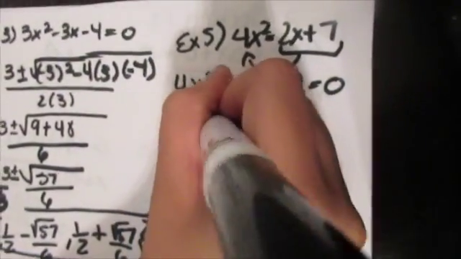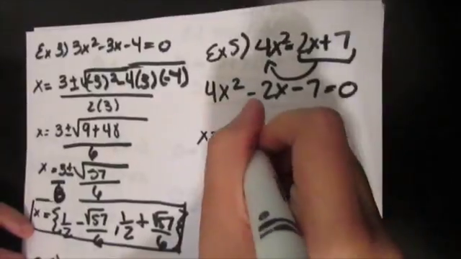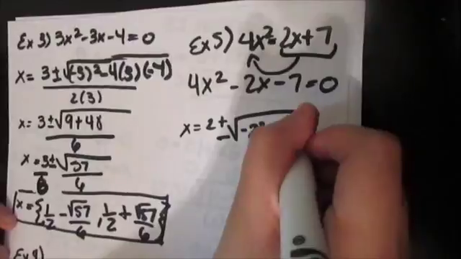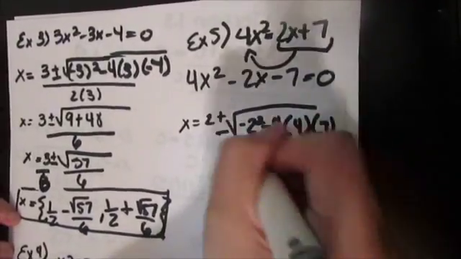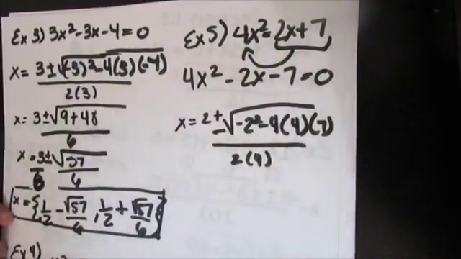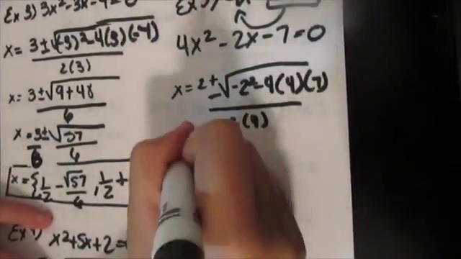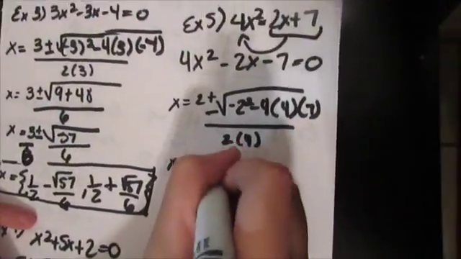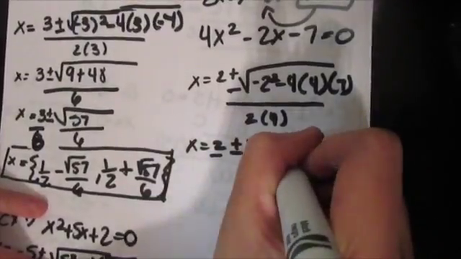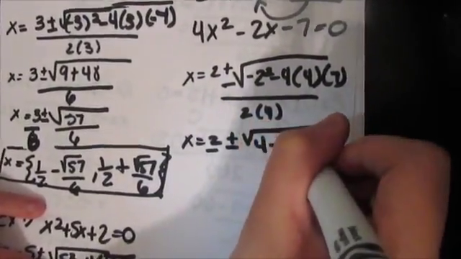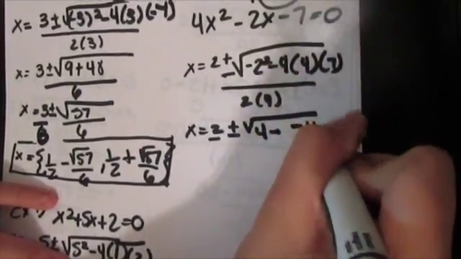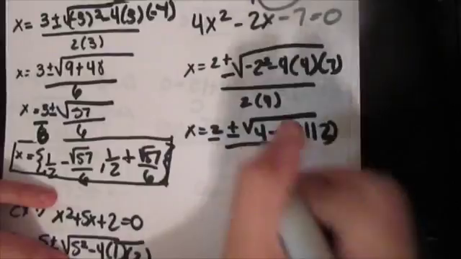x equals 2 plus minus, well, the square root of negative 2 squared minus 4 times 4 times 7, over 2 times 4. And then x equals 2 plus minus the square root of 4 minus 16 times 7, which will be negative 112, over 8.